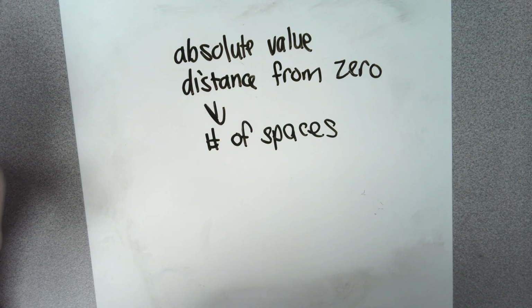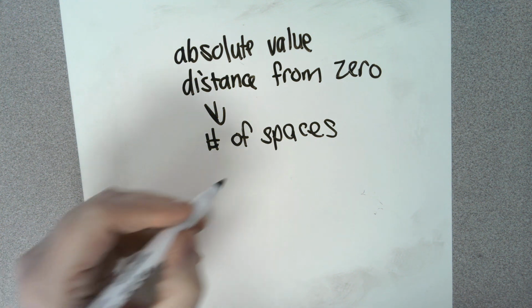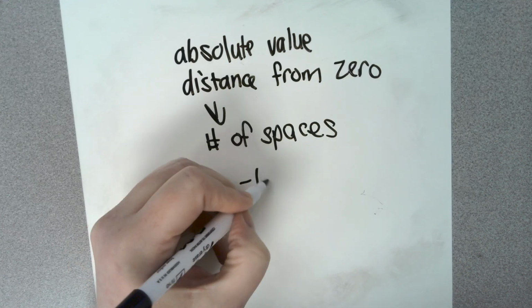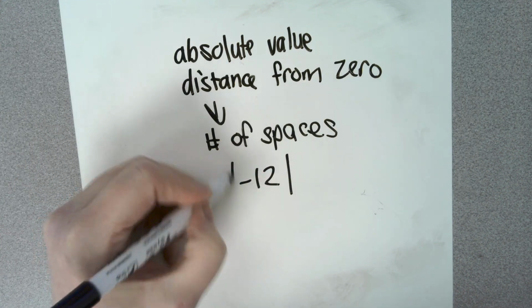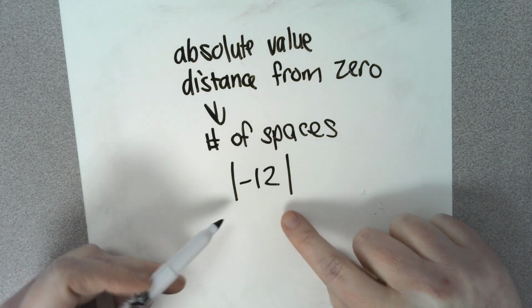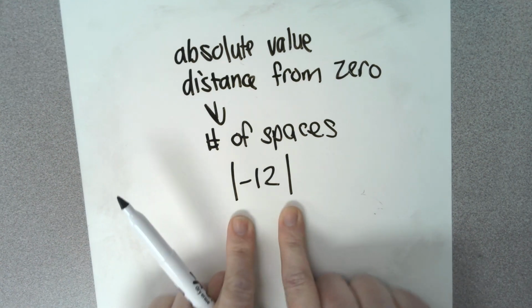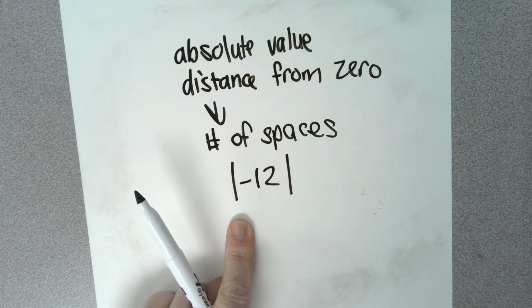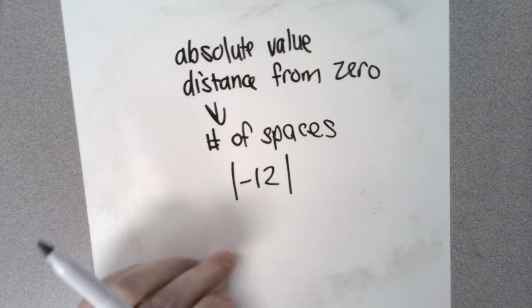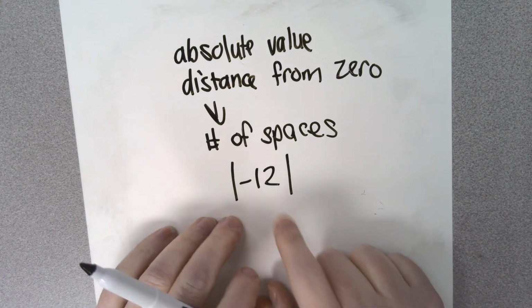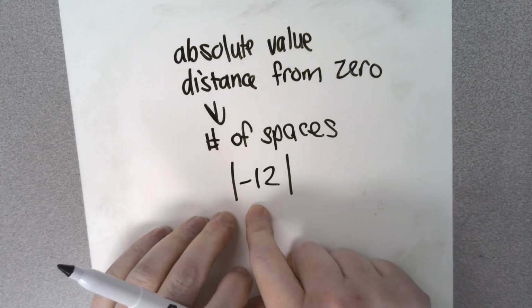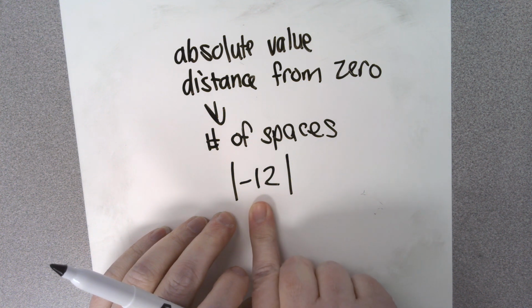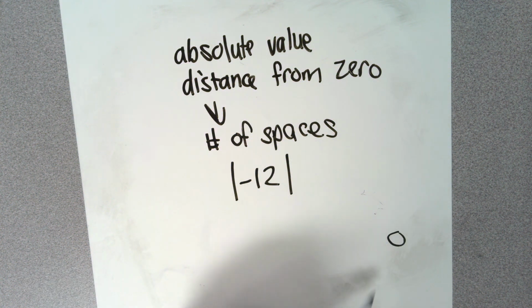Right? So what that means is if I show you a number that looks like this, these lines right here are called brackets or bars, and they tell you, I want to know how many spaces this number inside here is from 0.